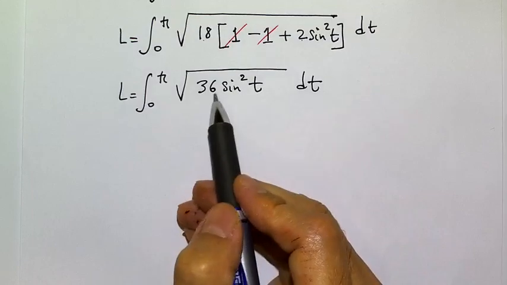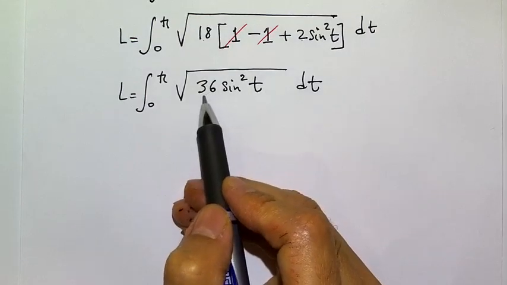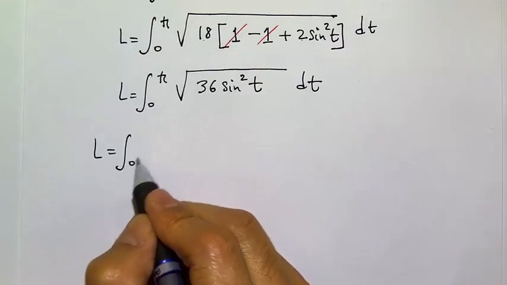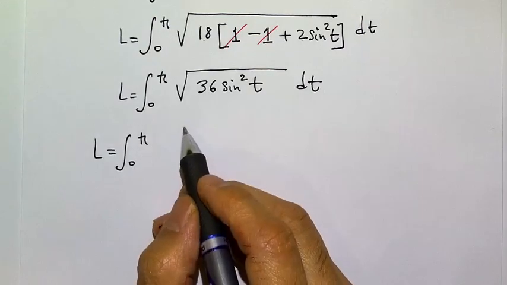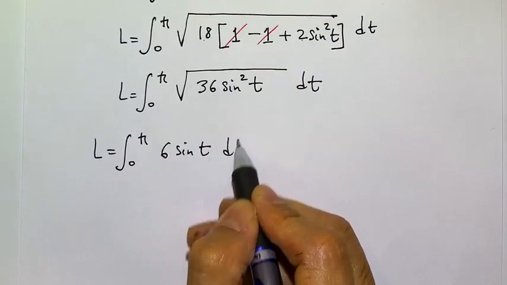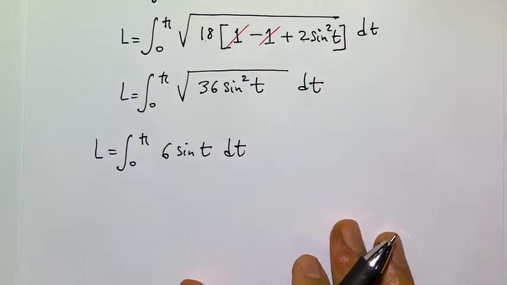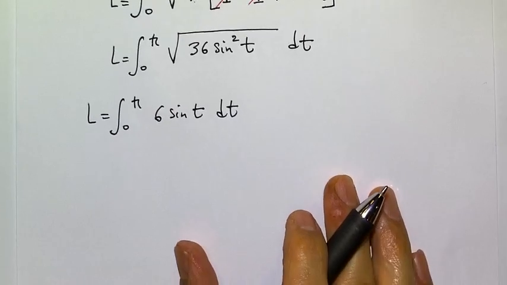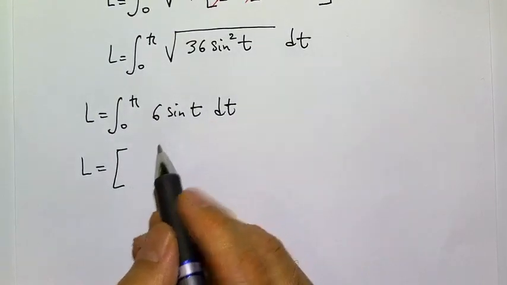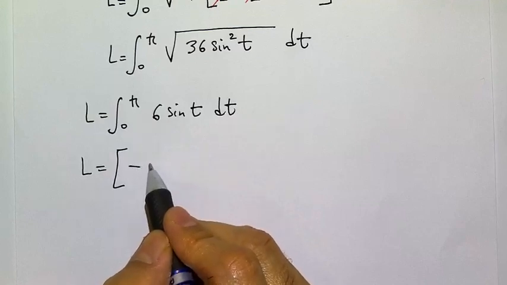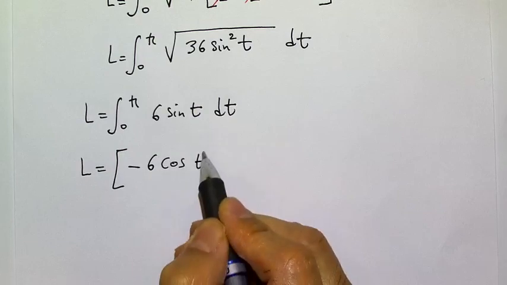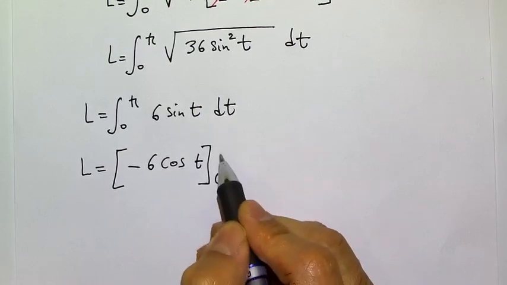And then of course this square root, we have perfect squares on the inside, so we get 6 sine of t dt. And then we can easily integrate this to minus 6 cosine of t, going from 0 to pi.